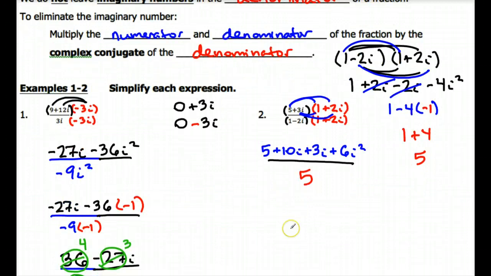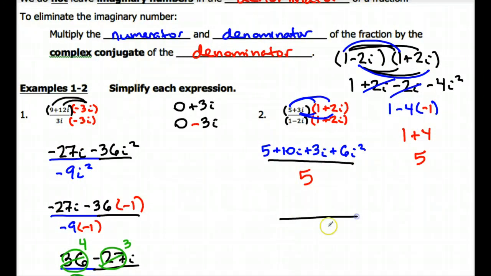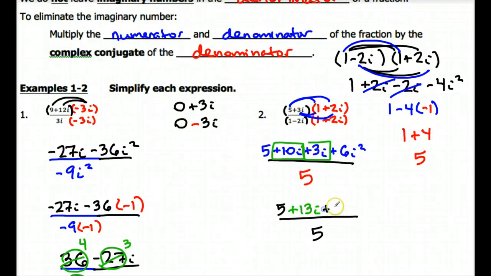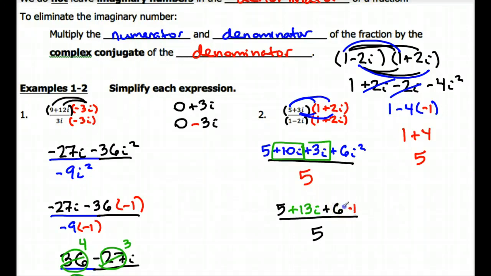Okay, and so now we're going to go ahead and simplify up on that numerator. Again, the denominator is just 5. Up in the numerator, I've got my 5, and then I can go ahead and combine my like terms in the middle. I have a plus 10i and a plus 3i, and that becomes positive 13i. And then I have this plus 6i squared, which just becomes plus 6 times negative 1, which is just a minus 6.